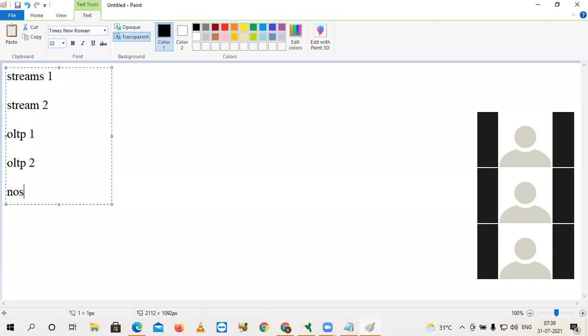HBase, Cassandra, MongoDB, CouchDB. For AWS, we have DynamoDB.